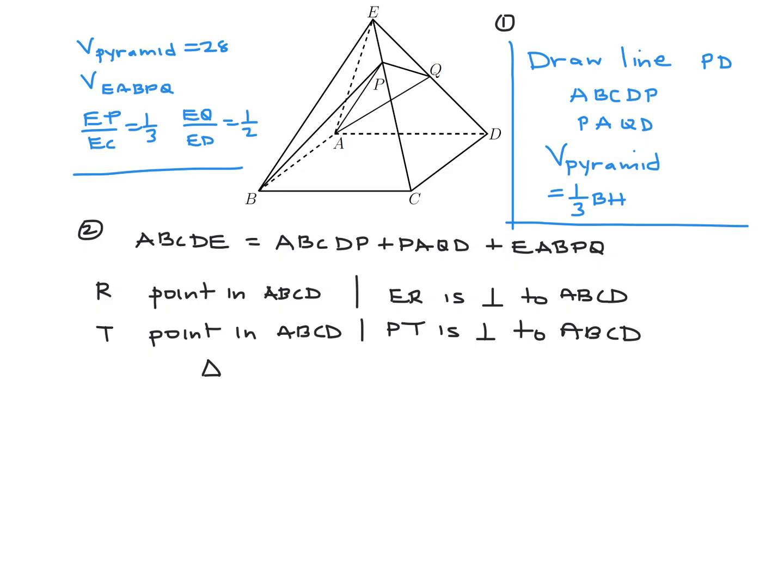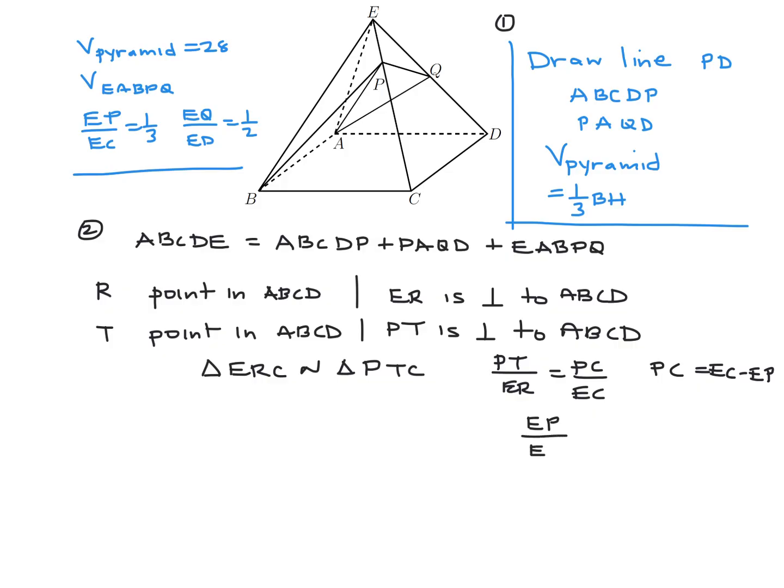And since the triangle ERC is similar to triangle PTC, PT over ER is equivalent to PC over EC. And we also know that PC is equal to EC minus EP. So therefore, EP over EC becomes 1/3.